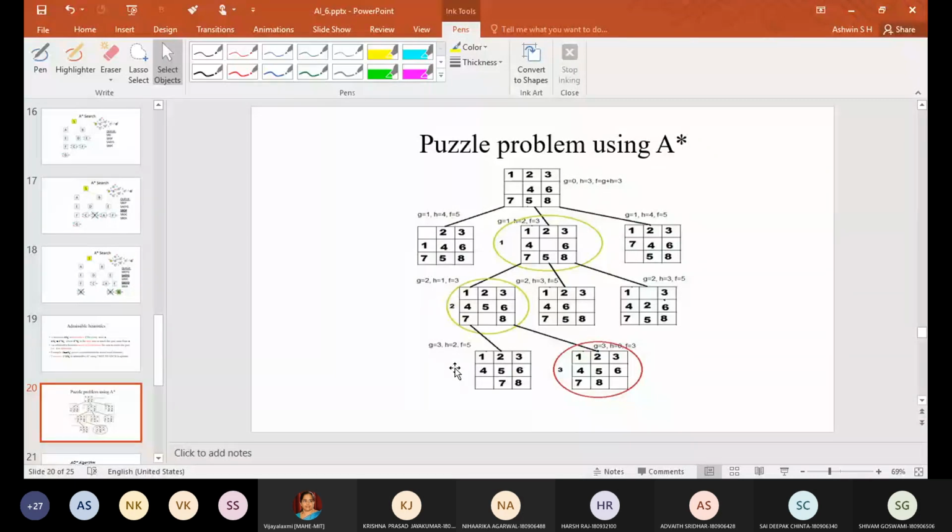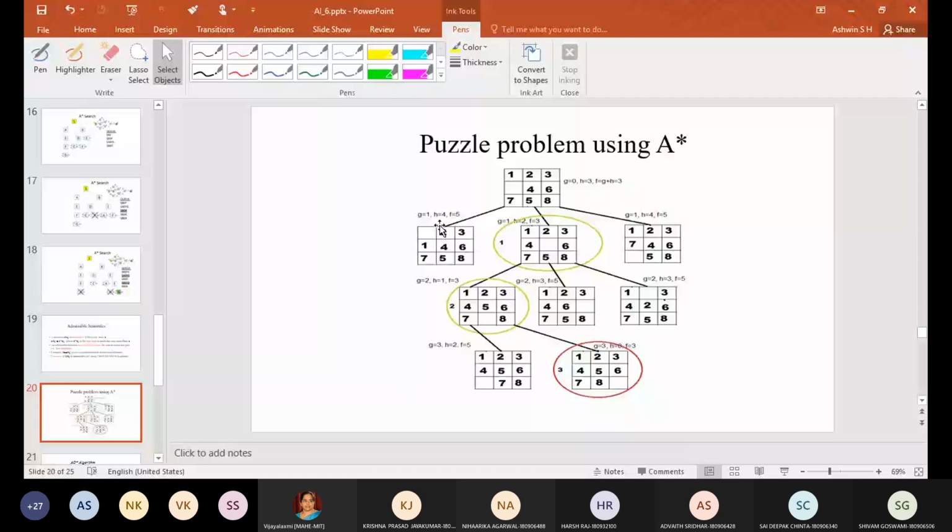Now every time what you have to do is calculate the F. So you know the formula, F of n is equal to G of n plus H of n. You move the space, here we have moved it up, moved right, moved down, and calculate the function H. H is how many mismatches there are with respect to the final state.